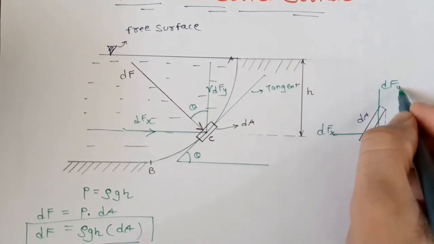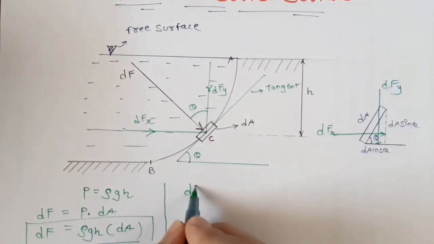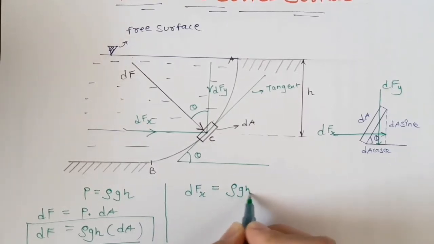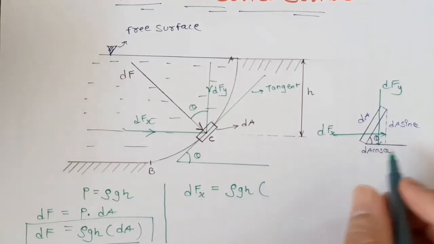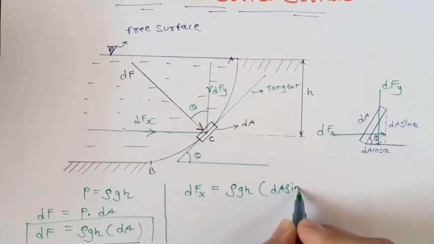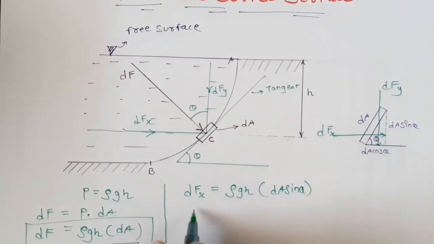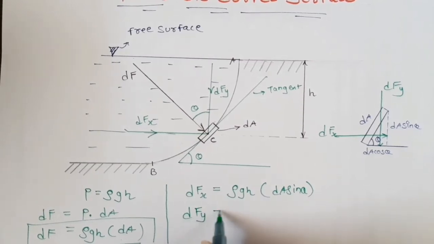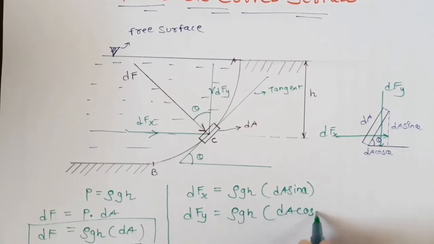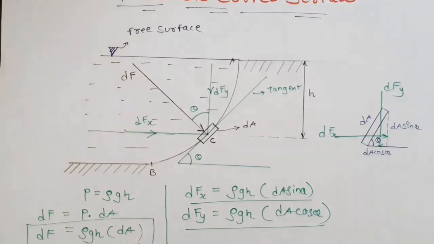So according to this formula, the force dFx is given by pressure rho g h into area, and the area will be dA sin theta, because this component of area is perpendicular to this force. And dFy will be rho g h into dA cos theta. I hope you understood these two equations.